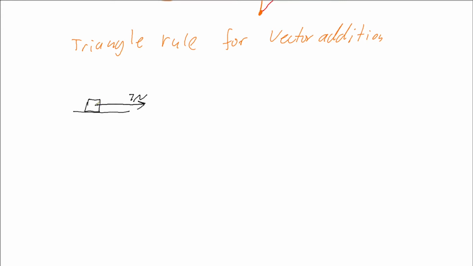I've got another vector working on this block, coming out at 5 newtons, at 58 degrees to the horizontal. I want to know what is the resulting vector of these two forces. What happens if I add these two forces together? What direction is the block going to try and travel in?